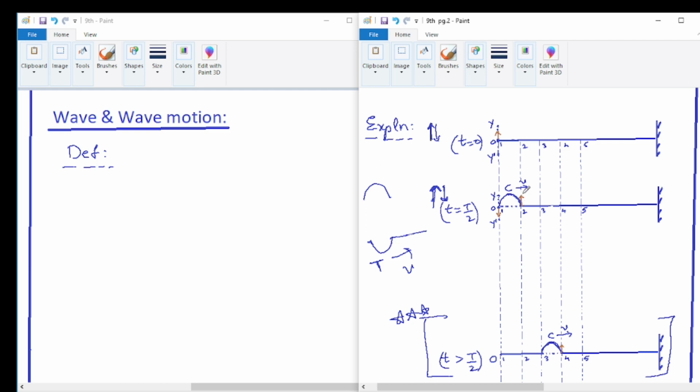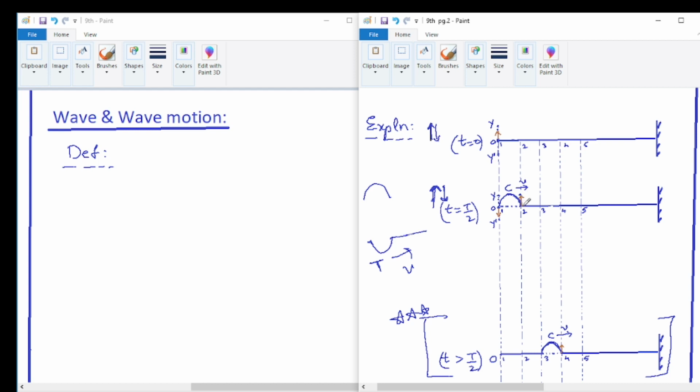So particle 2 has to come here. That means at time t equal to T by 2, half the time period, particle 2, though it's at its position of rest, a little later as the wave comes here, has to go to the topmost position. That means it should be moving from the mean position to the top. That's why the direction is shown upwards, because at this instant it's just about to move upwards.